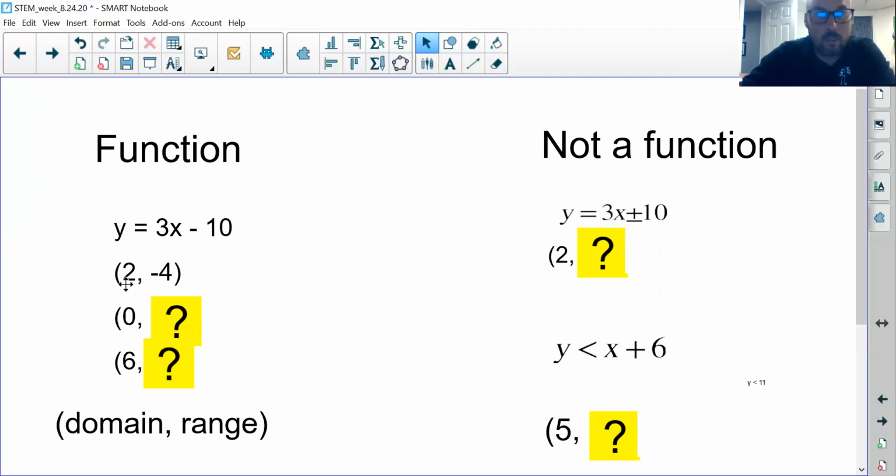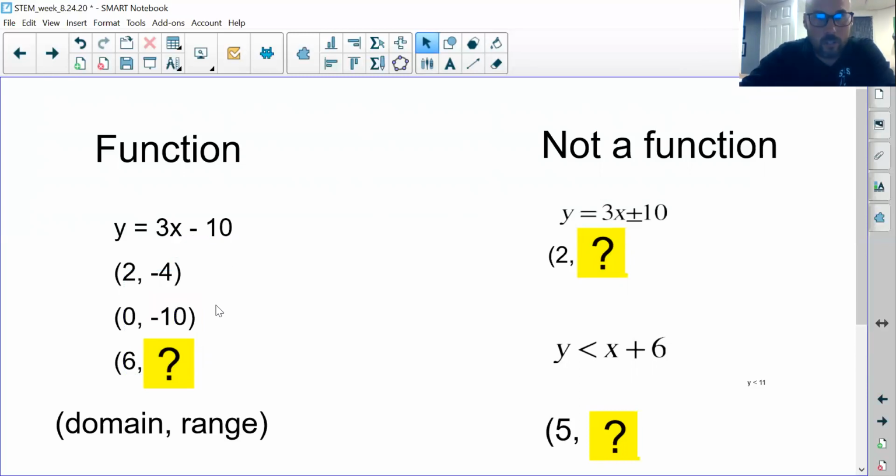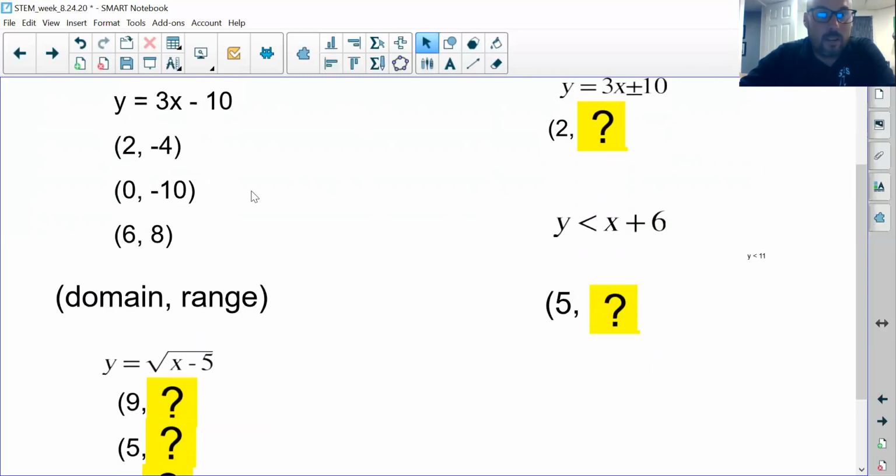So 2, the domain, goes to negative 4, the range element. And 0 is in the domain. If you plug in 0 for x, you get 3 times 0, which is 0, minus 10, you get negative 10. So there's another relationship between one domain and one range. Same thing with 6. 3 times 6 is 18, minus 10, you get 8. 6, 8. Domain, range. Looking at examples like this, you would think everything's a function.